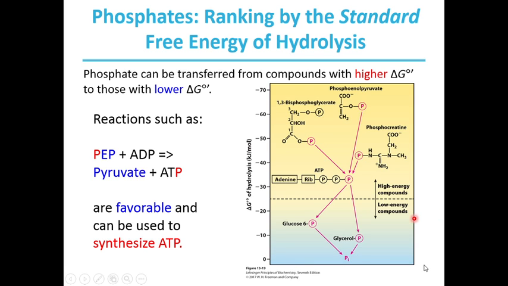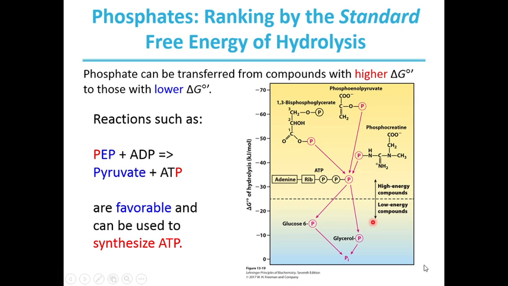What this shows is the flow of phosphoryl groups, represented by P in a circle, from high energy phosphoryl group donors like phosphoenol pyruvate via ATP, that is shown here, to acceptor molecules such as glucose and glycerol to form their low energy phosphate derivatives such as glucose 6-phosphate or glycerol 3-phosphate.